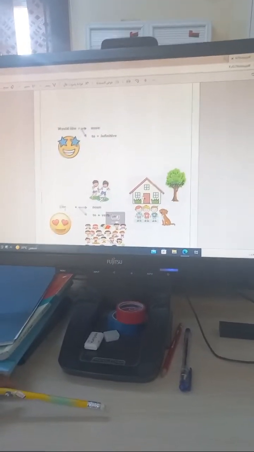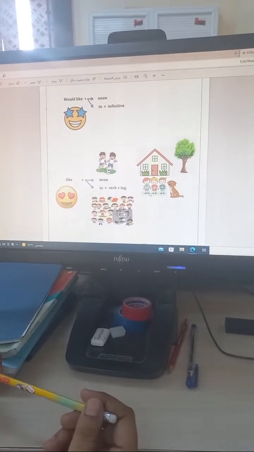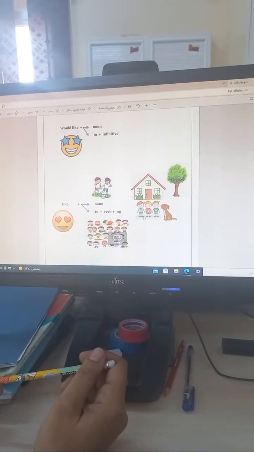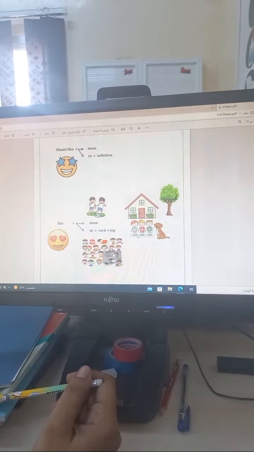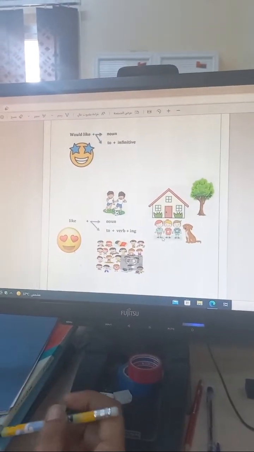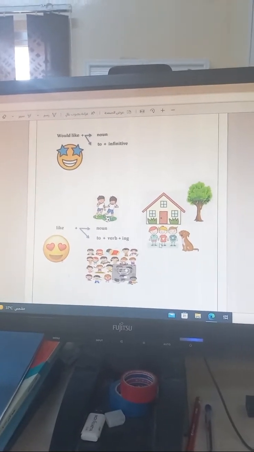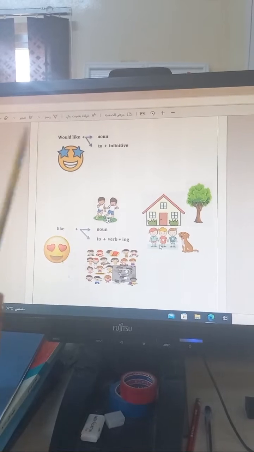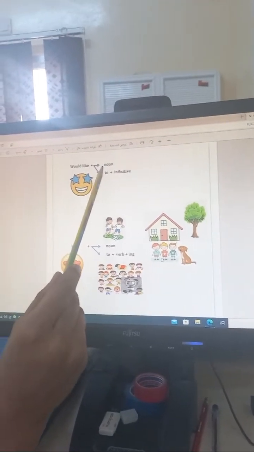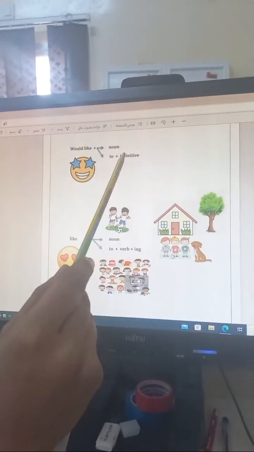We have here another rule talking about would like and like, and we will see what's the difference between them. Would like is for something you don't do daily or as a routine, you just would like to do, prefer. But like, you like to do it. And you should know, if we have would like, what comes after it should be a noun or a verb.